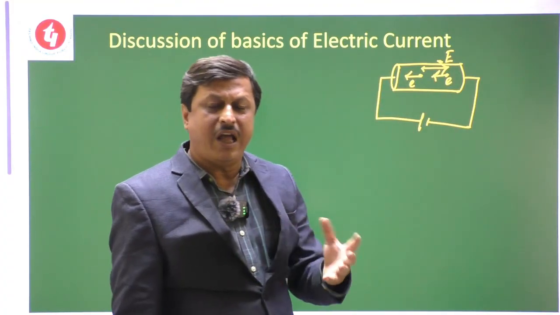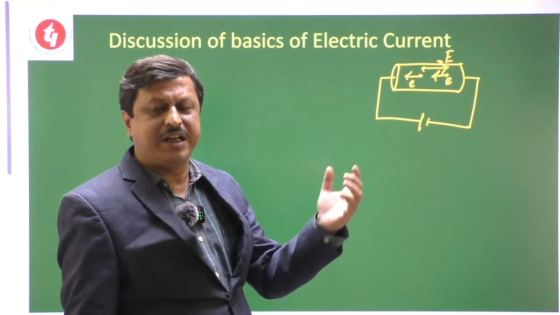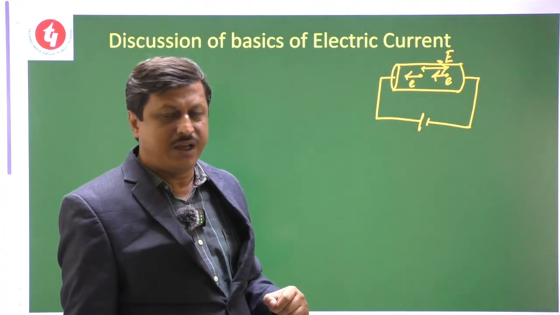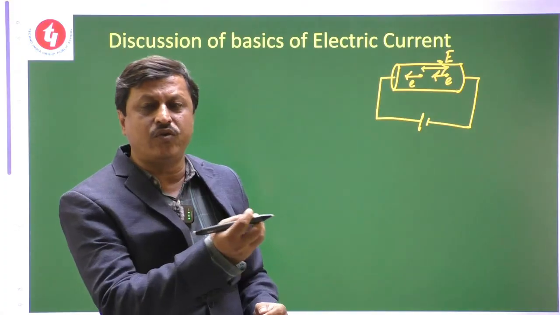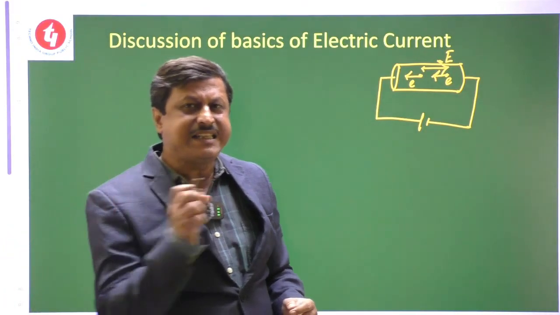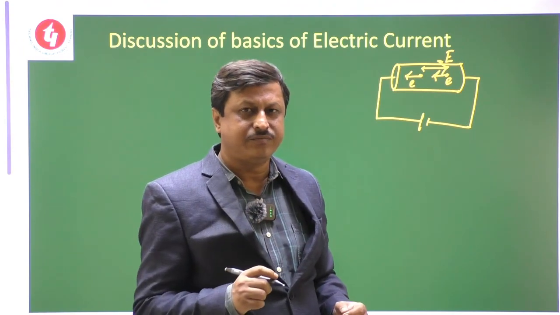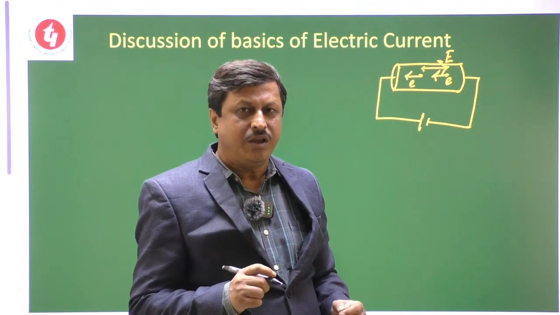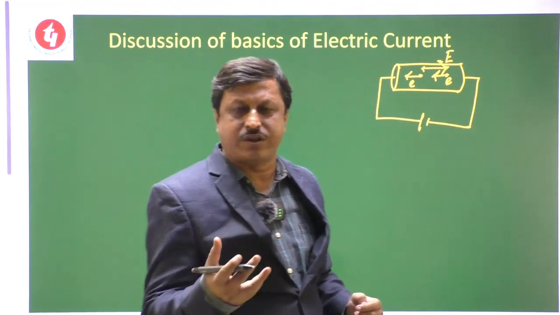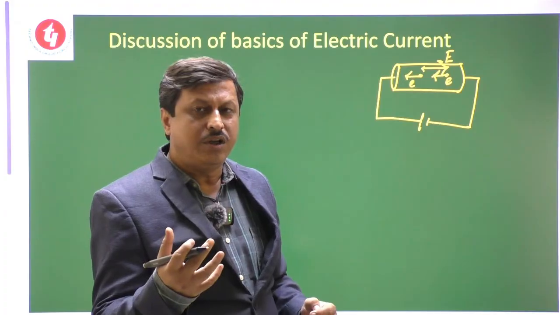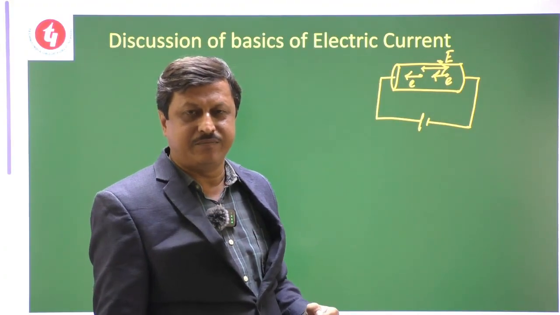Now what will happen? When current flows, that means electrons flow through the conductor, right? And when electrons flow through the conductor, is the velocity uniform or accelerated? Electrons experience a force, so obviously they will be accelerated.